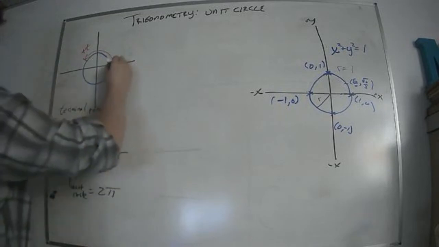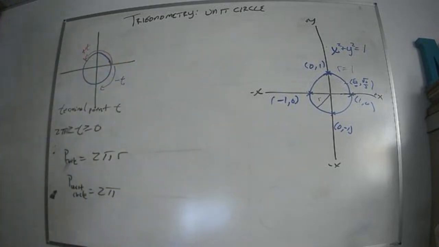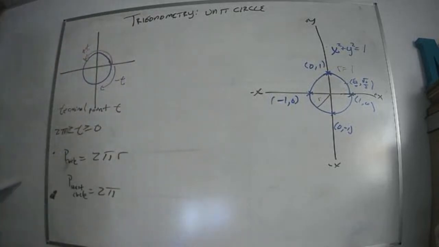I could go this way; if I go clockwise, I'm going in the minus t direction. If you look at example 3 on page 403, it talks about finding terminal points. It shows you above what t values are, and then below that in the example, what you would do to deal with these other t values.